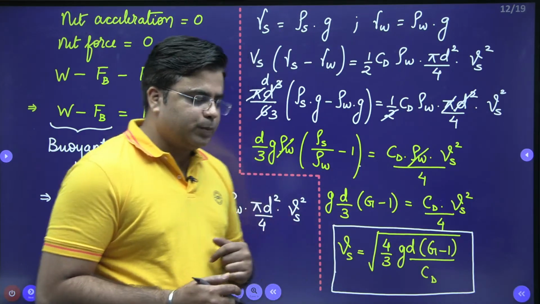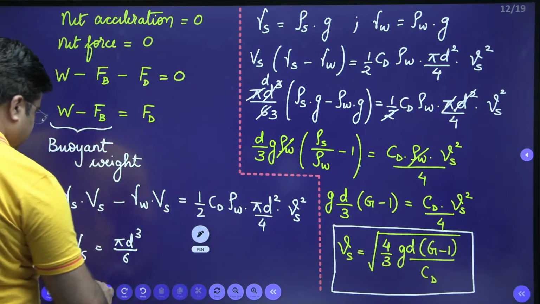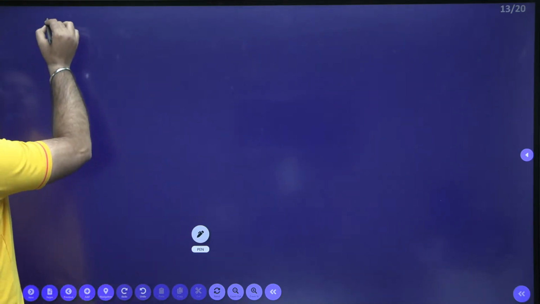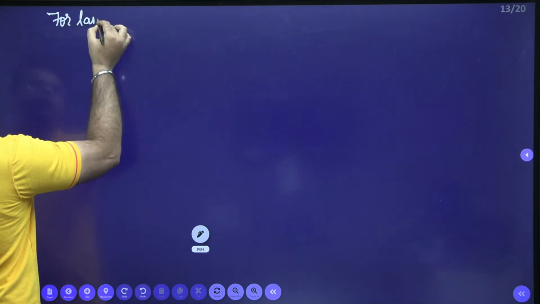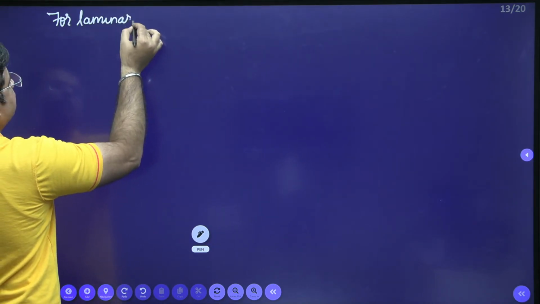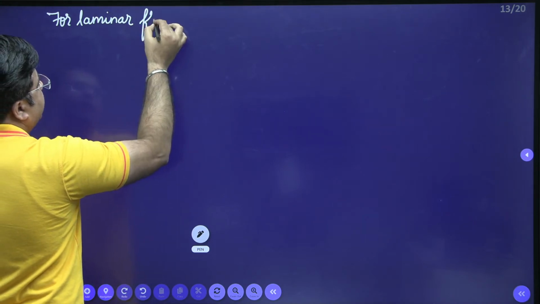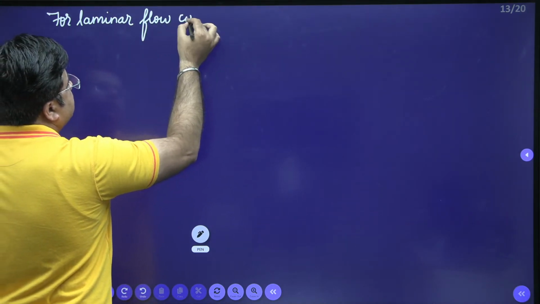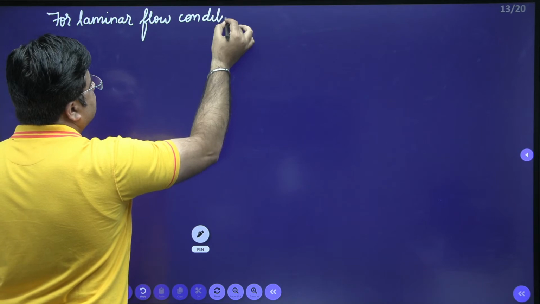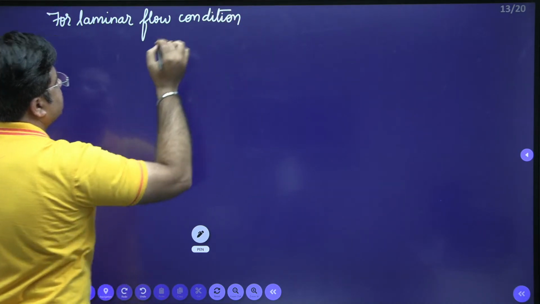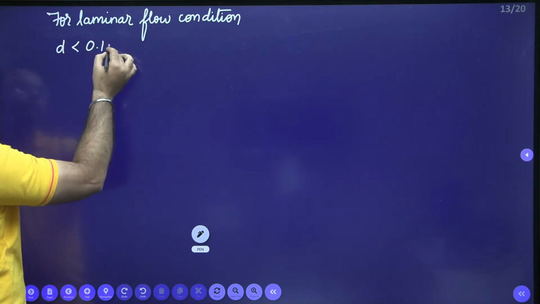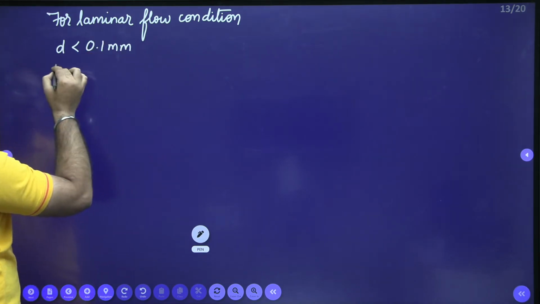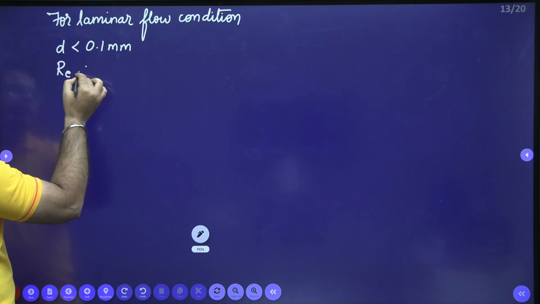Now coming to the specifics, if the flow is laminar, for laminar flow condition, that is, size of the particle d is less than 0.1 mm and second, Reynolds number is less than 1.